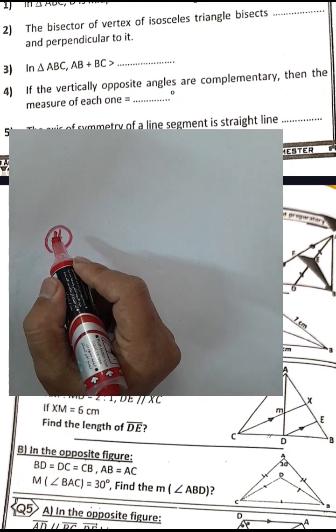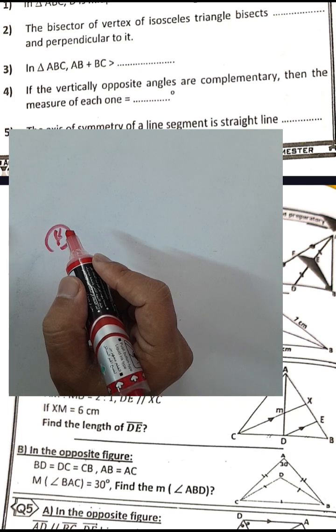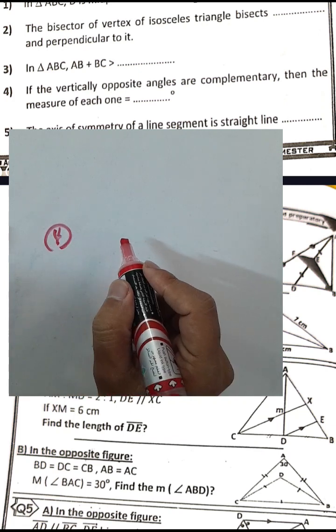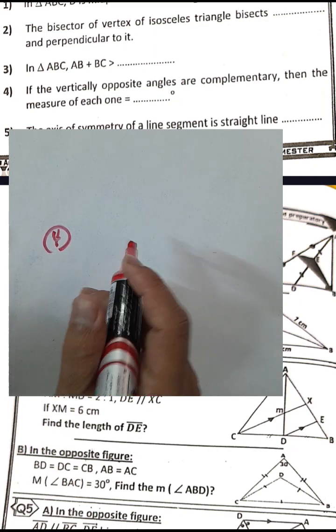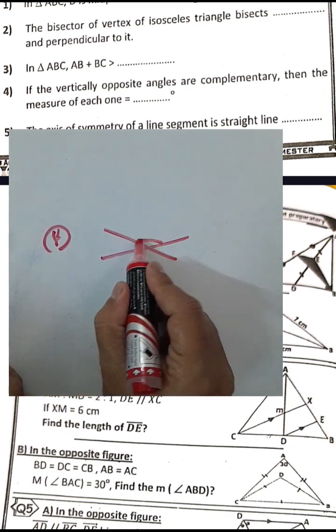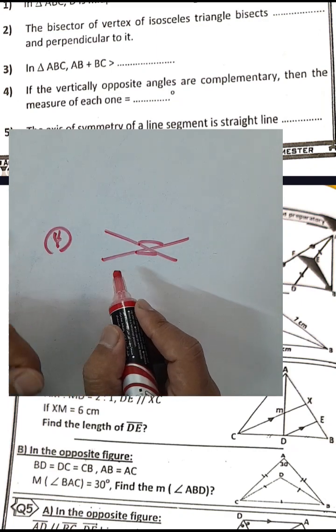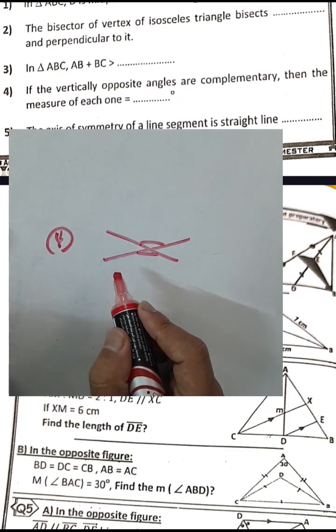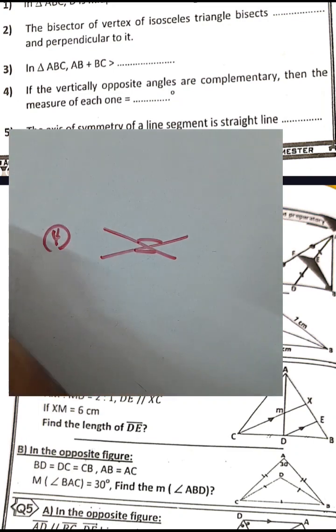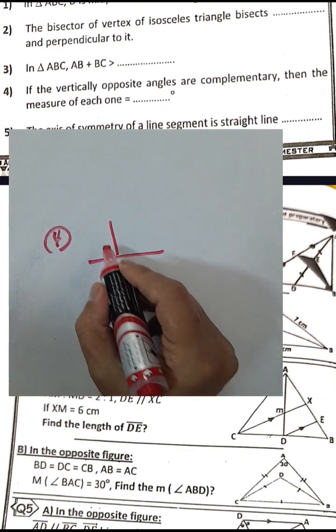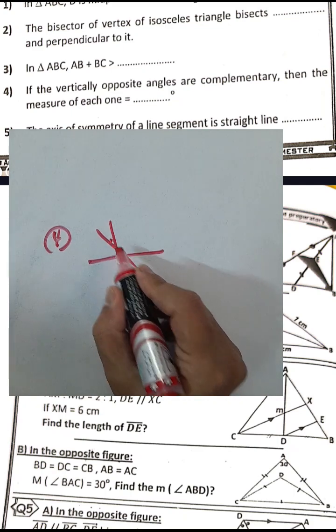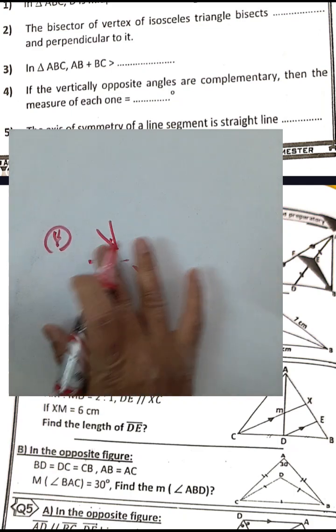Question number 4. If the vertically opposite angles are complementary, then the measure of each angle equals what? We have vertically opposite angles here that are complementary, meaning the sum of them equals 90 degrees. Then the measure of each of them will be 45. We call them complementary angles.